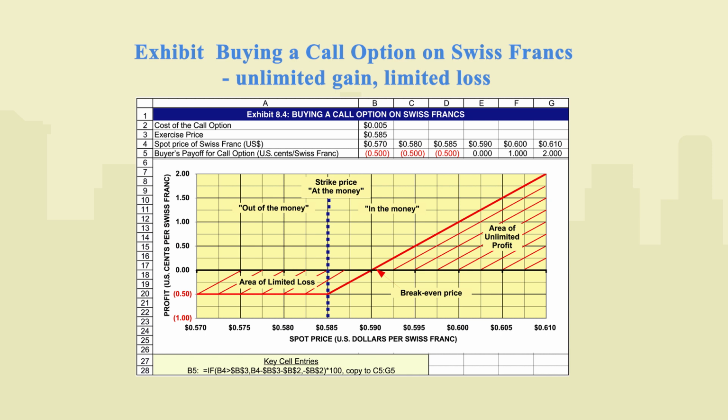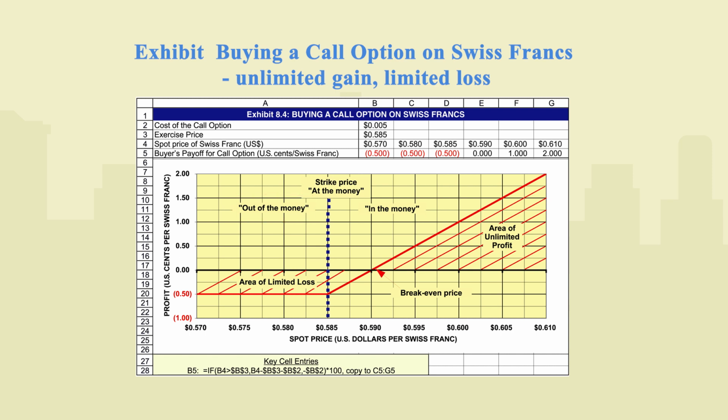When the spot rate equals the strike price, the option is at the money. When the spot rate is higher than the strike price, the option is in the money. When the spot rate is lower than the strike price, the option is out of the money.